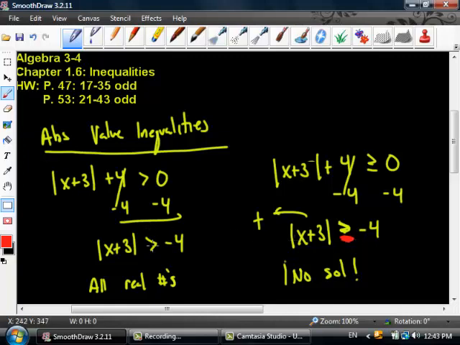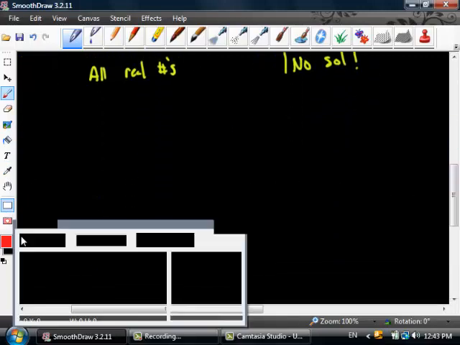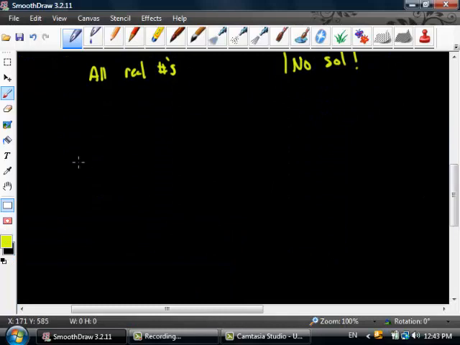All right. When it's greater than, then it's going to be all real numbers. If it was less than, it would be no solution because it can't be, right? If I was to give you guys this problem, get my mustard back. Right? Which one would this be? All real numbers or no solution? Andres? No solution, right?